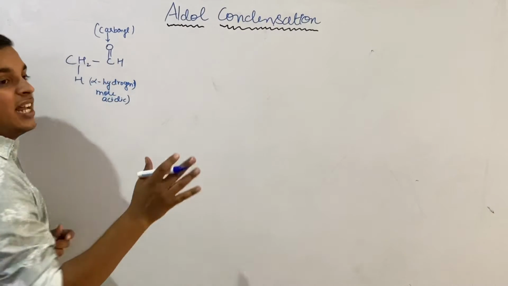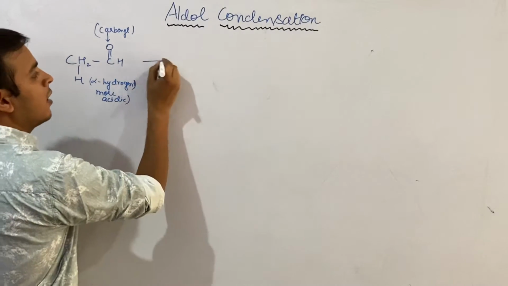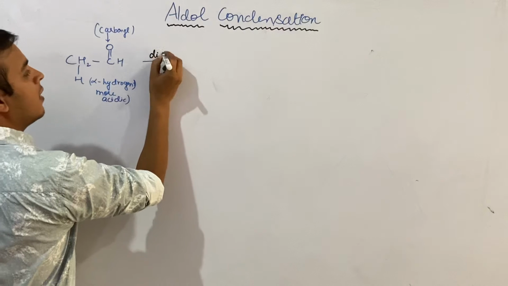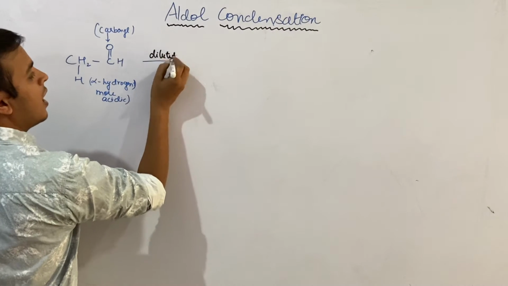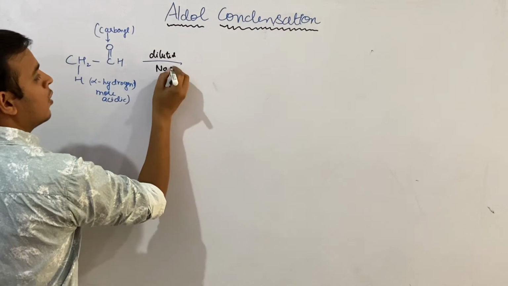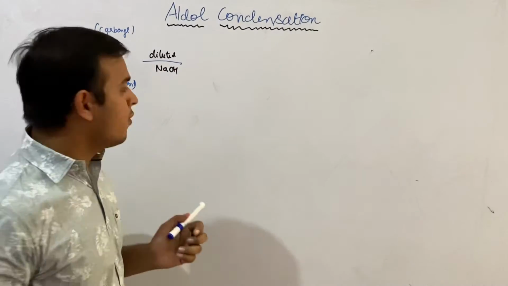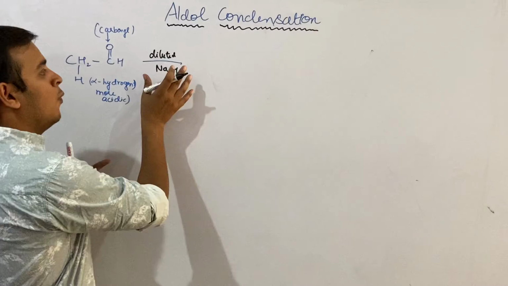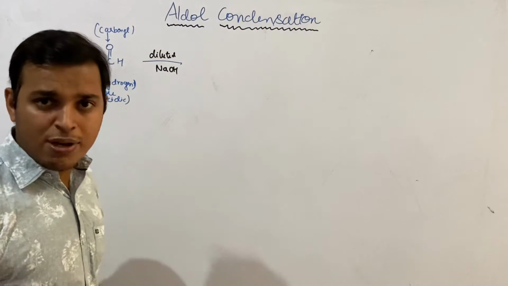Another reagent that we require here is dilute NaOH or KOH, any alkali metal solution in dilute form, either KOH or NaOH.